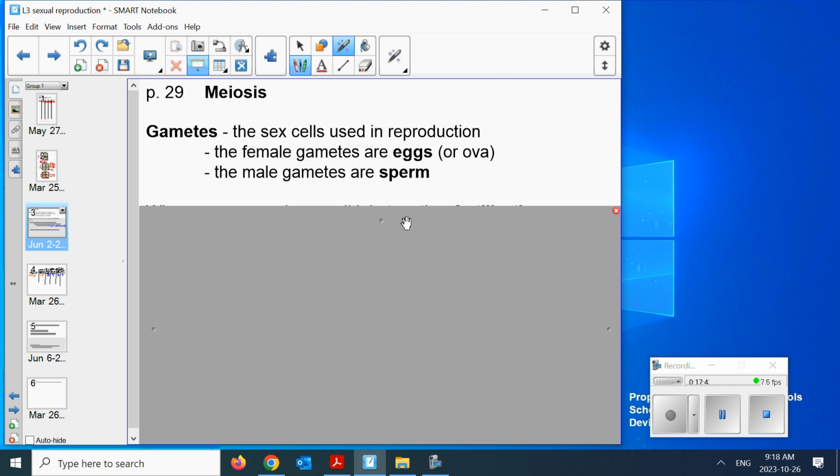Gametes are the sex cells used in reproduction. The female gamete is the egg or ova. And you might be familiar with the word ovulate. That's to monthly release an egg, and then when that cycle is done, the body flushes it out in a sense.